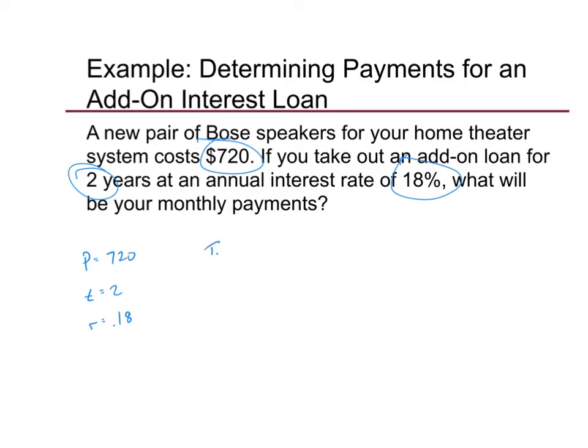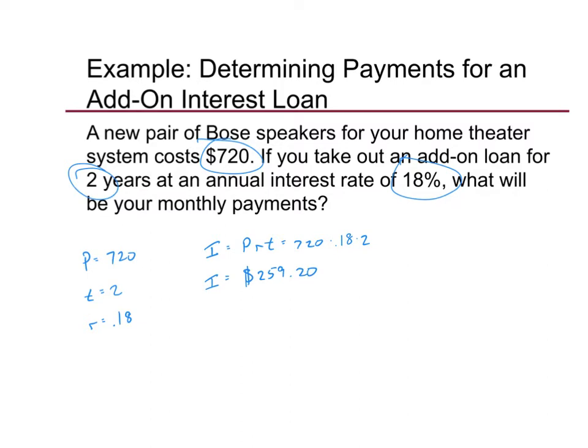Step 1, we're going to find the interest. I equals PRT. That is 720 times 0.18 times 2 years. And for my interest, I got $259.20.